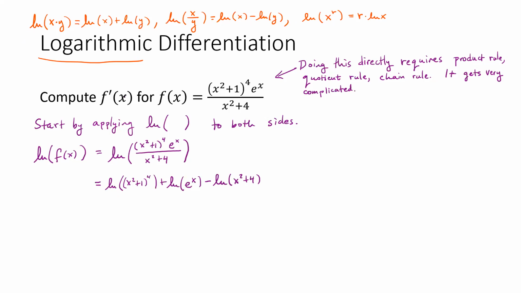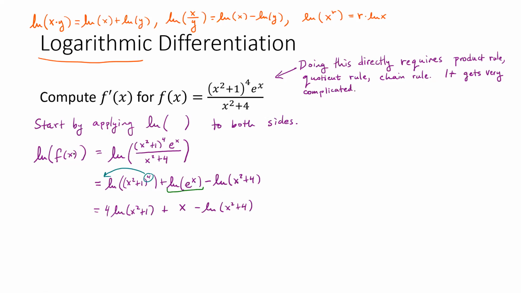And I can go a little bit further now because the 4 can come out. So this is 4 times ln of x squared plus 1. Ln of e to the x actually simplifies to just x, again using the property of ln of e to the x, minus ln of x squared plus 4 here.